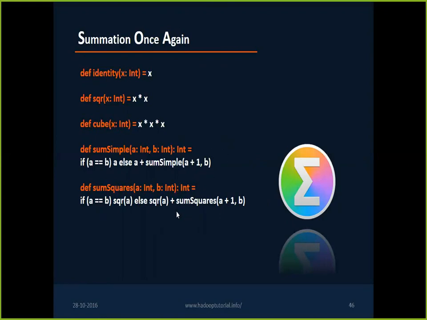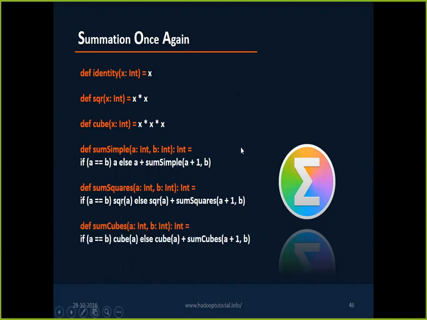And sum of cubes: def sum cubes a comma b. If there is no range, then return only the cube of a. If there is a gap between those two numbers, then cube of a plus sum cubes of a plus 1 comma b.